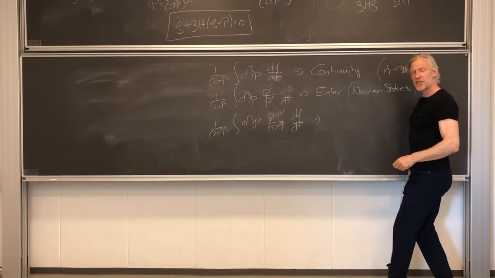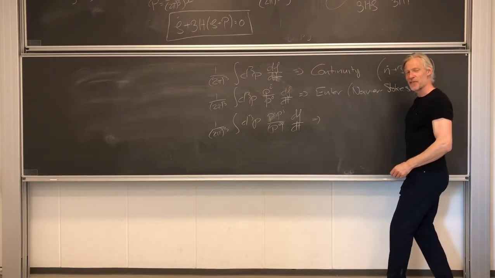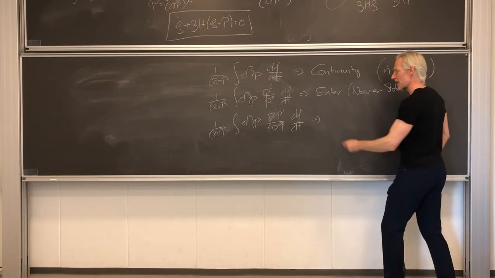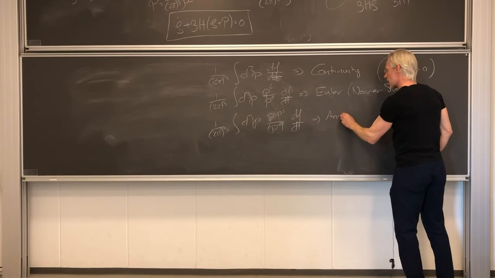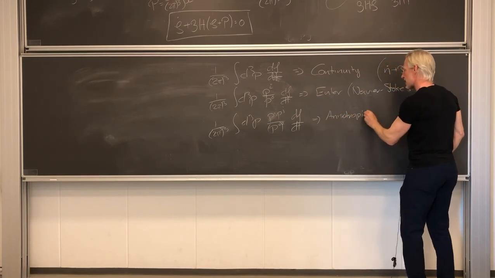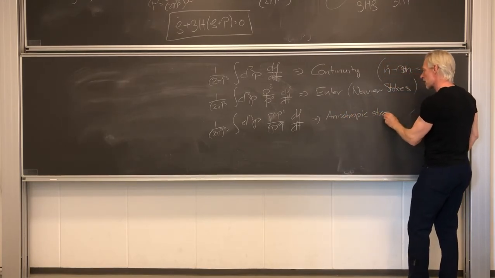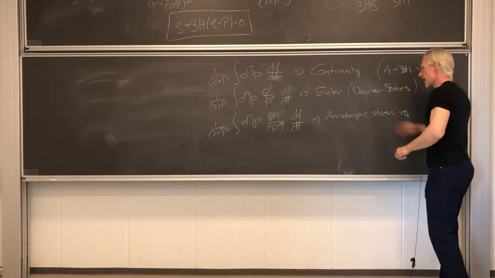And that is actually not an equation which is known in normal classical fluid mechanics. So you can think of this as something we could call an anisotropic stress equation, and so on and so forth.